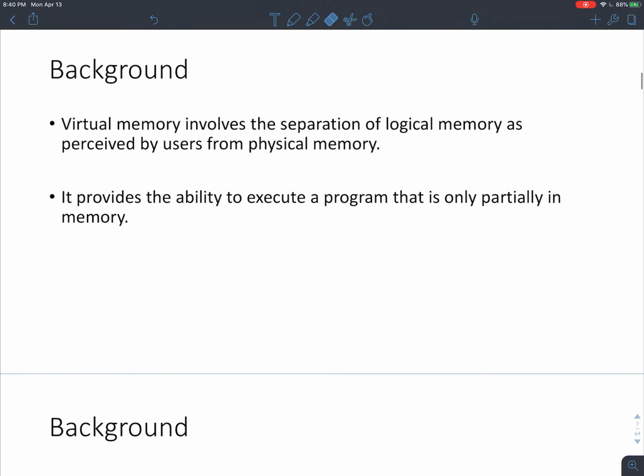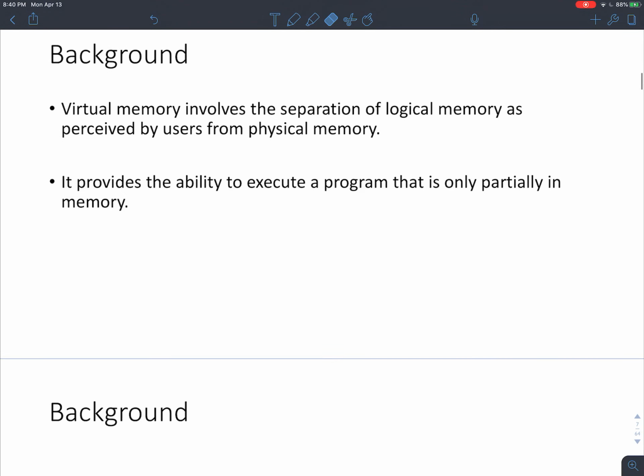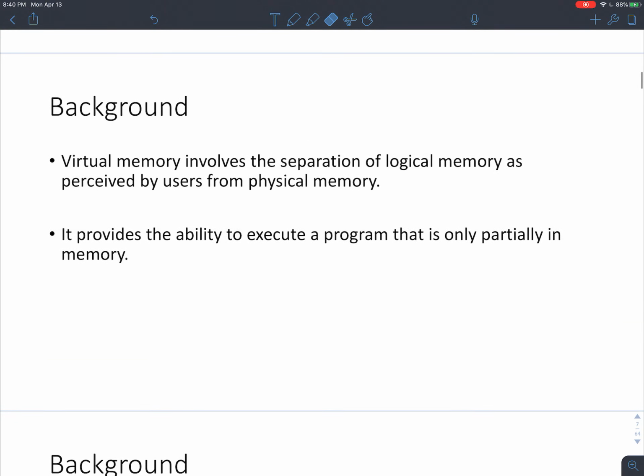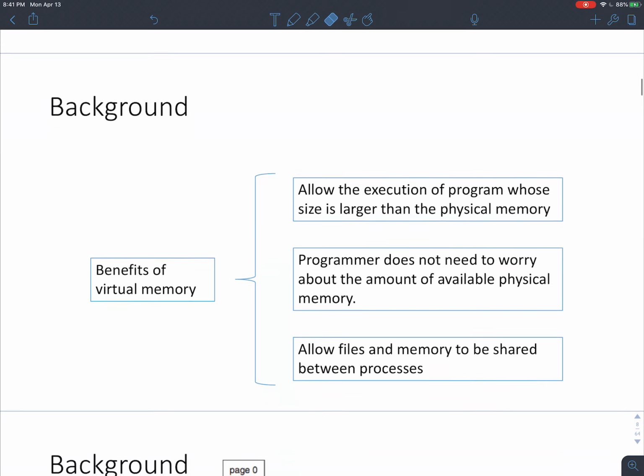If you have some experience with C programming, you probably know what I'm talking about, because in C programming, the most common error in your programs is called segmentation fault. Segmentation fault means memory fault. There is a crash in the physical memory, and it's very hard to debug this kind of bug.